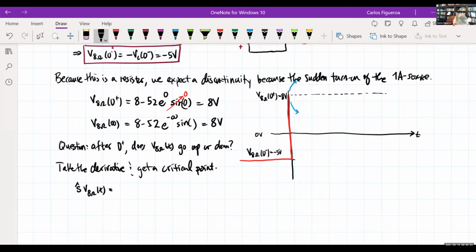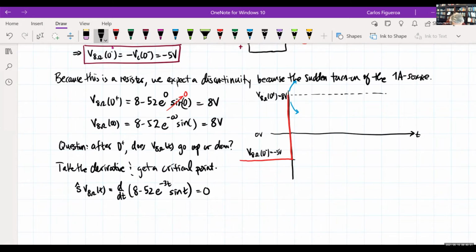And then, of course, note the first term that I get, remember, I got 8 minus 52 times e. Maybe I should just write this out. So this will be 8 minus 52 e to the minus 3t sine of t. If I take the derivative, I'm going to get a 0 term here.